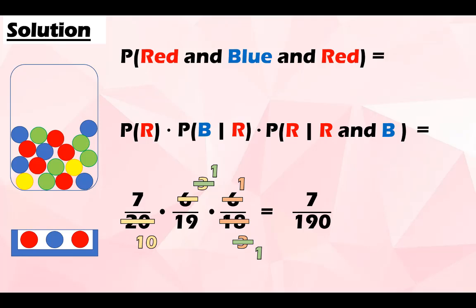So this, as a fraction, is 7 over 190. As a decimal, we get 0.0368. So hopefully you can see how this conditional probability works, where we have to take into account what we did in the previous action when we're computing the probability of the next action.